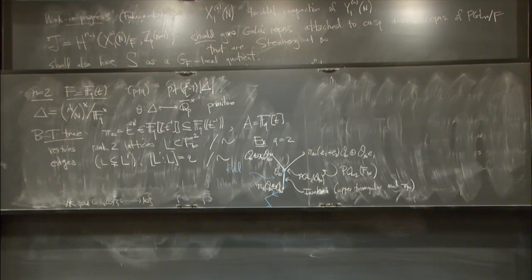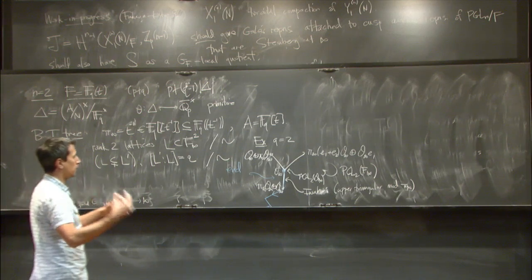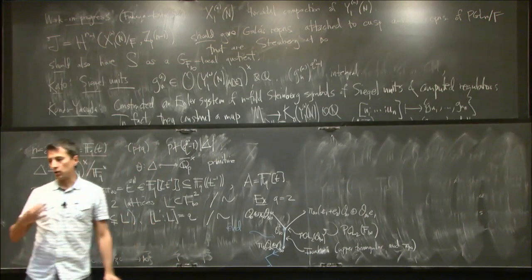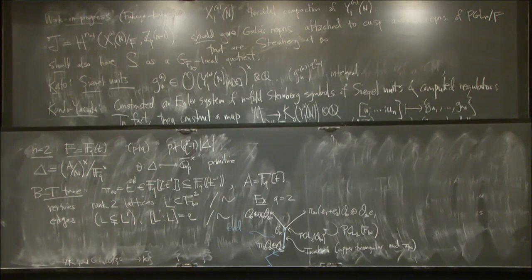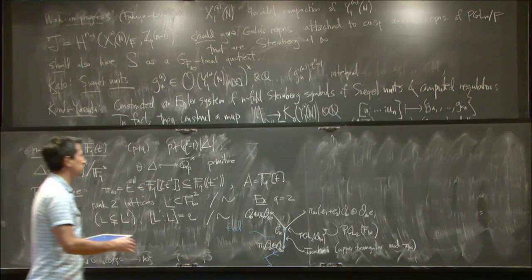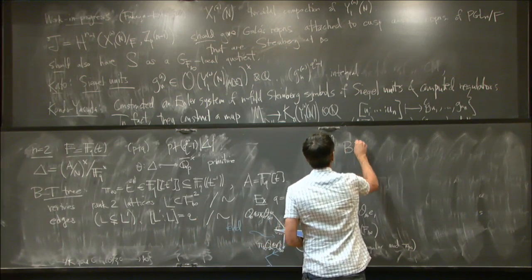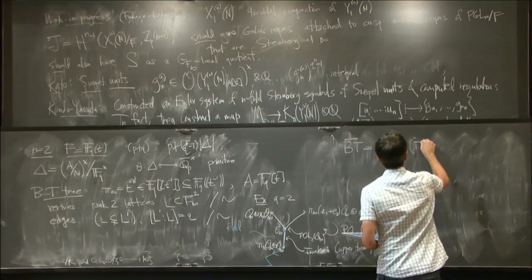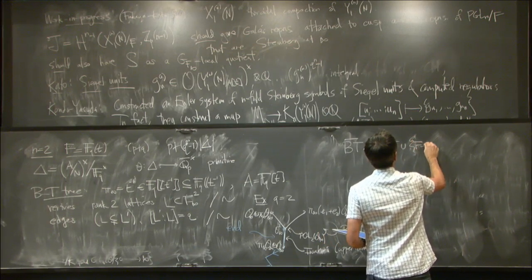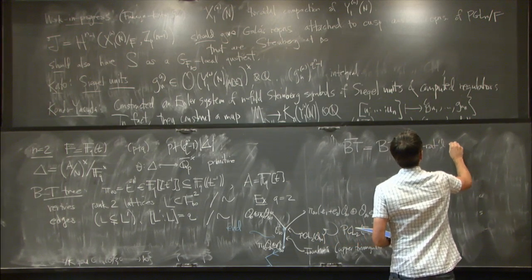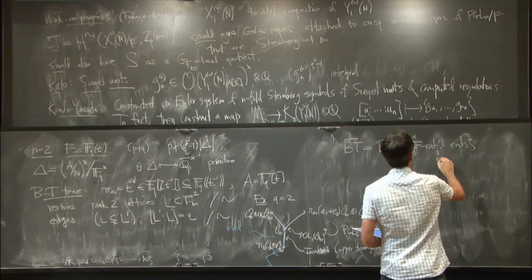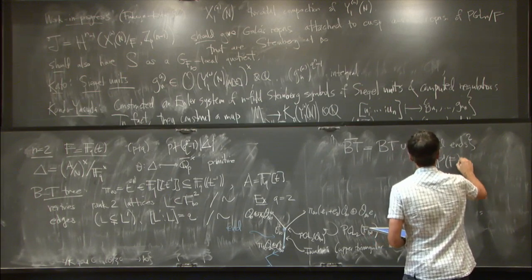But we don't want to compactify the tree. We want to compactify the arithmetic quotient of the tree. So we should only add in F rational ends, FQT rational ends. So BT bar is BT union F rational ends, which are in one-to-one correspondence with P1 of F.